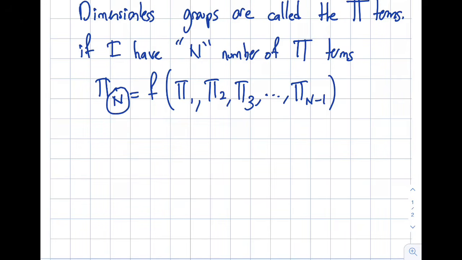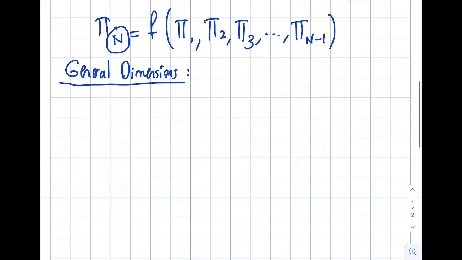This concept is called general dimensions. What I mean by general dimensions is that this is related to units. Every physical parameter has a unit associated with it.